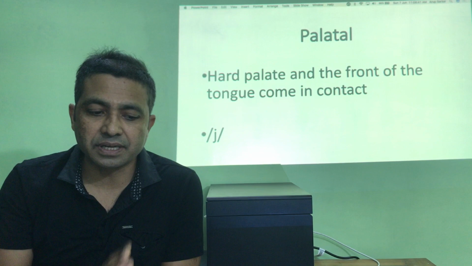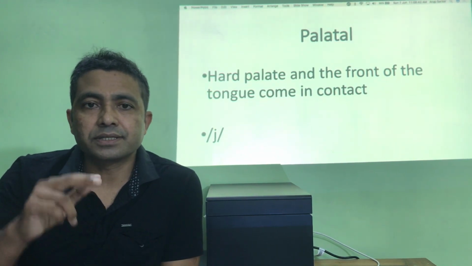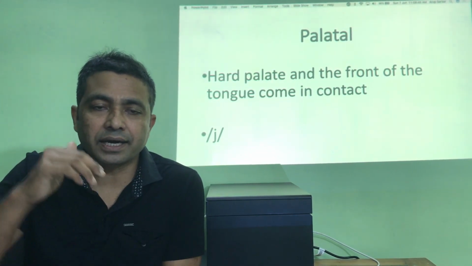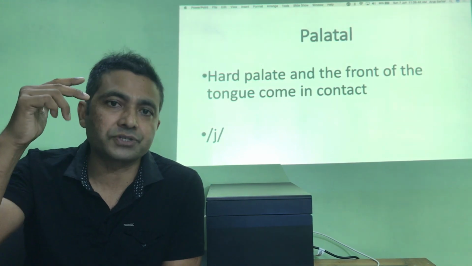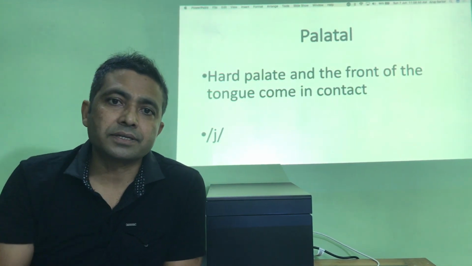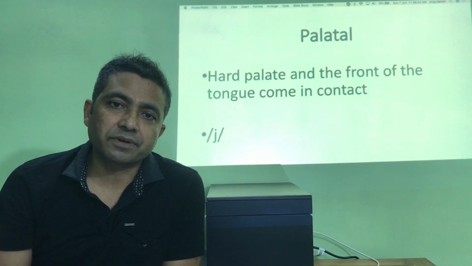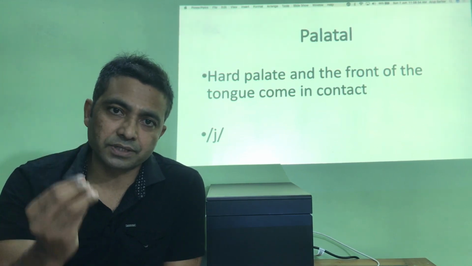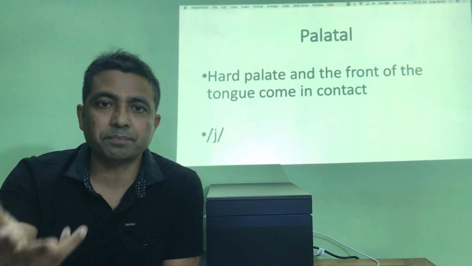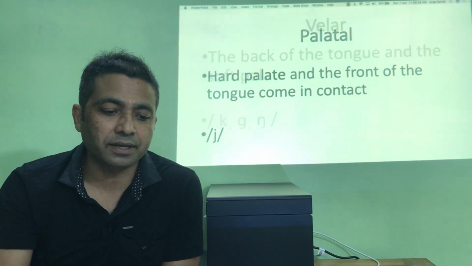So it is a semi-vowel. The palate is the passive articulator, and most consonants are named after the passive articulator. So it is called palatal.